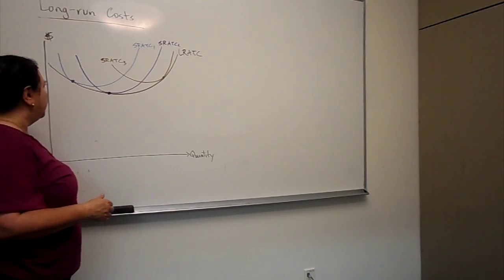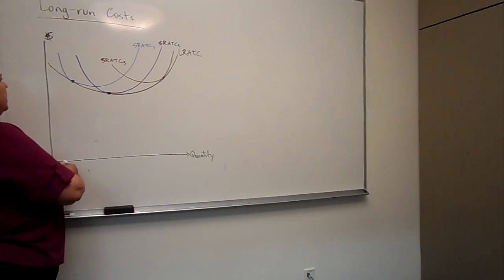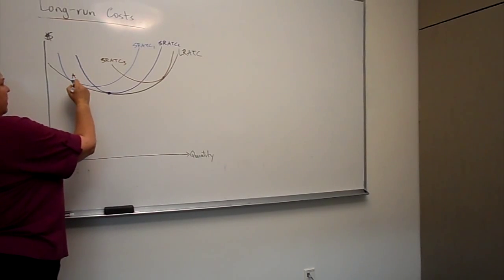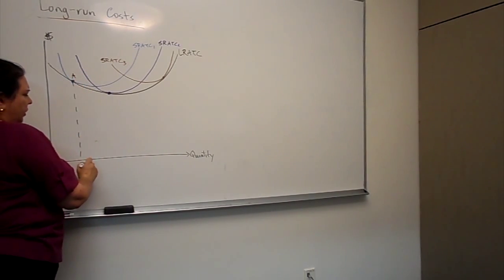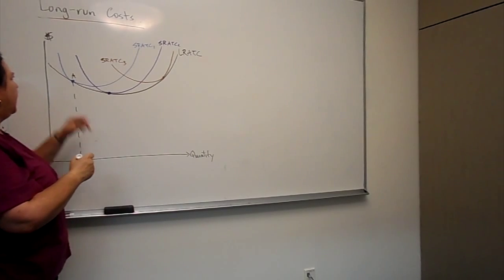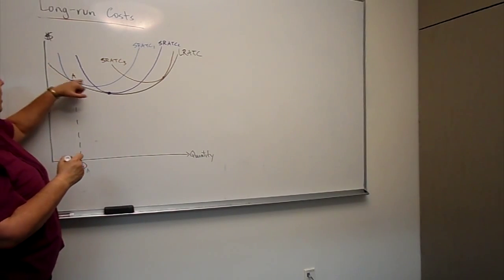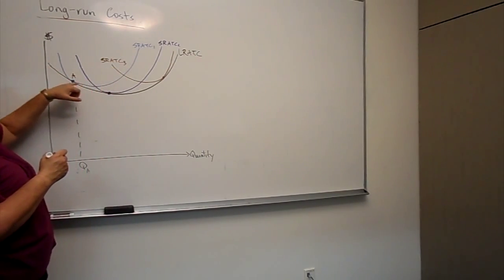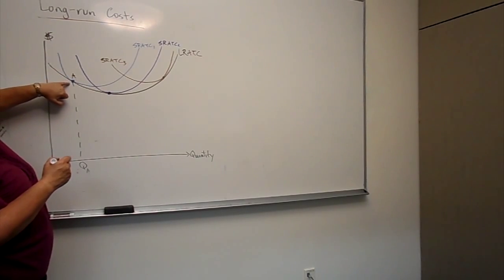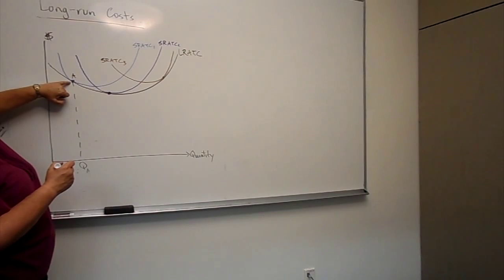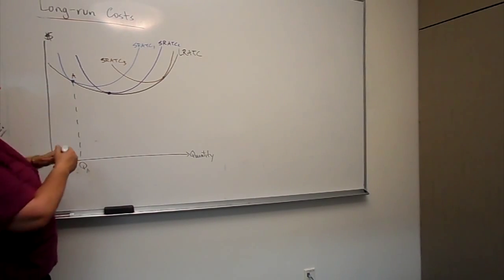And the way to think about this is, suppose you're initially producing at point A, producing Q1. Okay, here the amount of capital you're using is just the amount that minimizes the cost of producing it, because it's on both the short run average total cost and the long run average total cost.